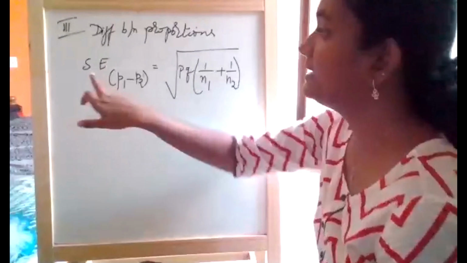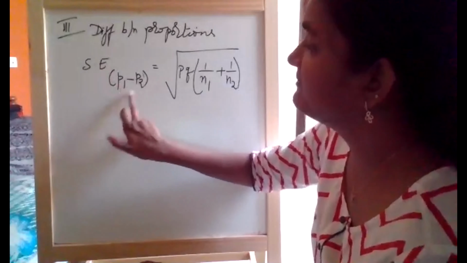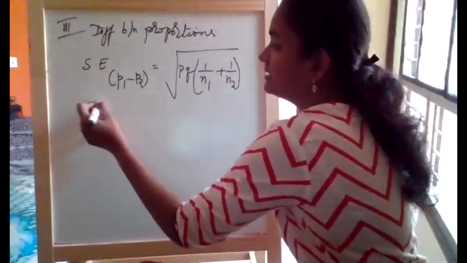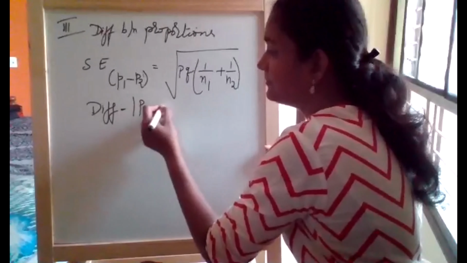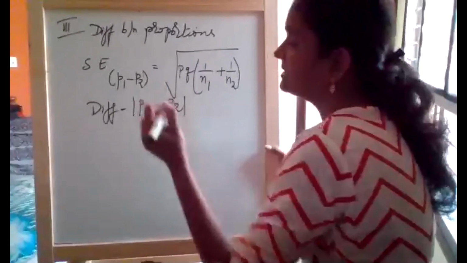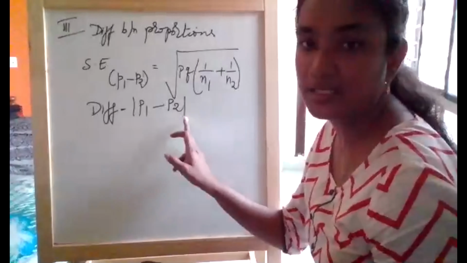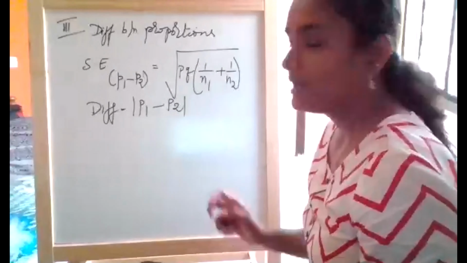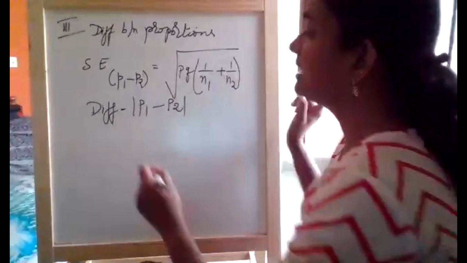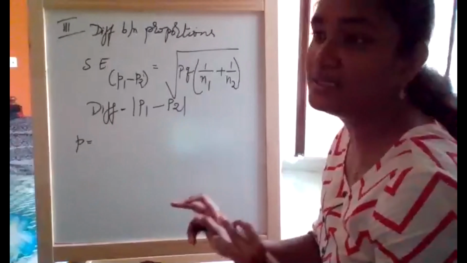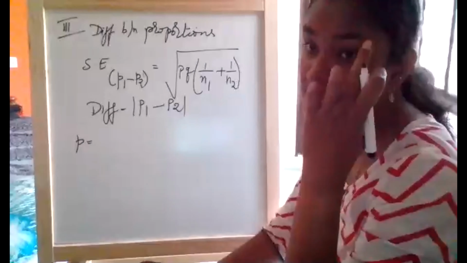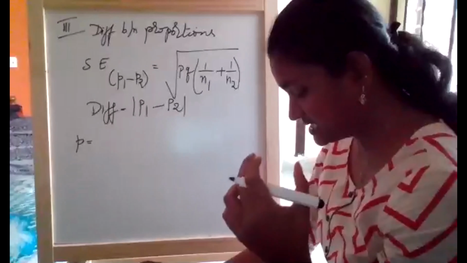I call it the standard error of P1 minus P2, because the difference is nothing but the success of the first sample and the success of the second sample, P1 minus P2. And there is one more value, which is P. It is a common success for sample 1 and sample 2. It is an average success for sample 1 and sample 2.